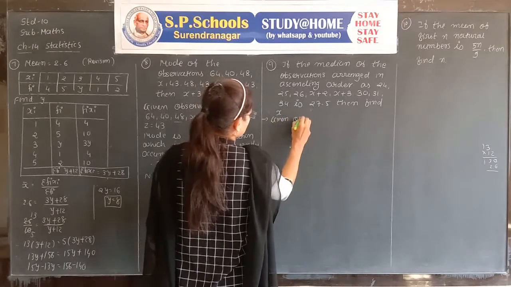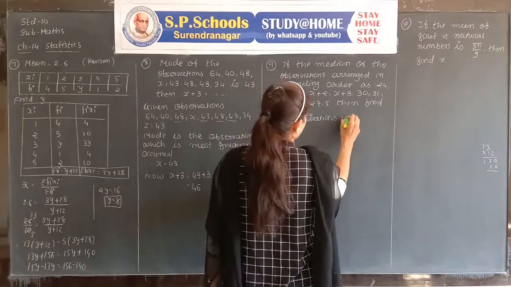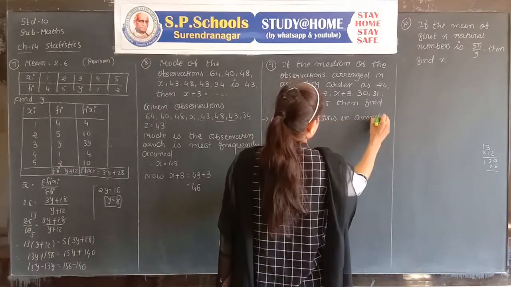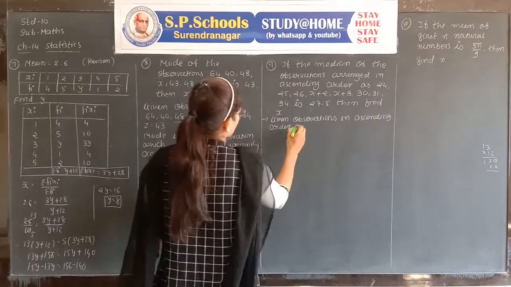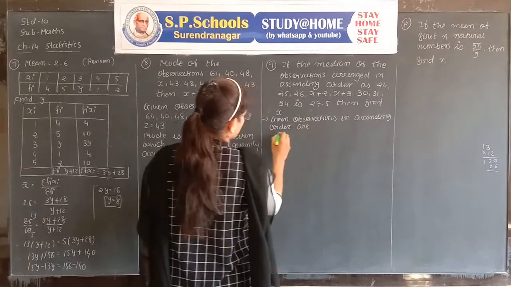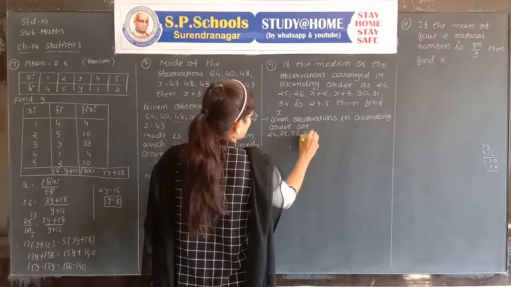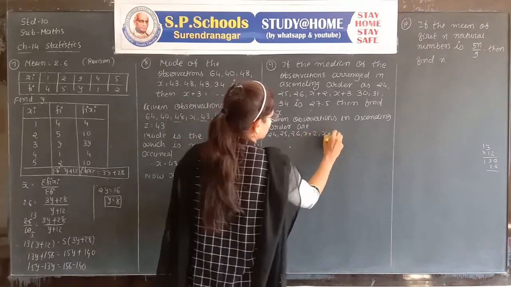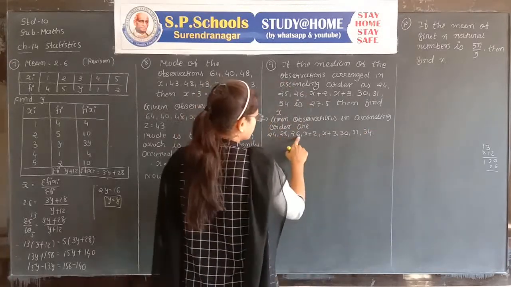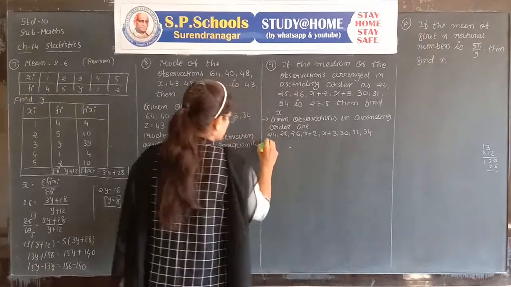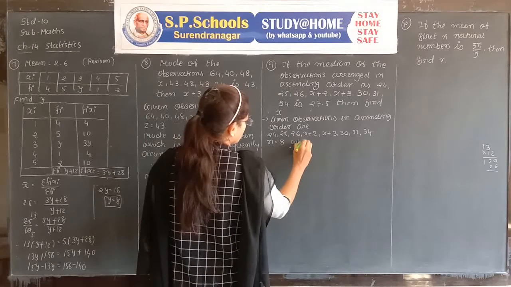Given observations in ascending order are 24, 25, 26, x plus 2, x plus 3, 30, 31, 34. 1, 2, 3, 4, 5, 6, 7 and 8 observations are there. Number of observations n is equal to 8, which is even.